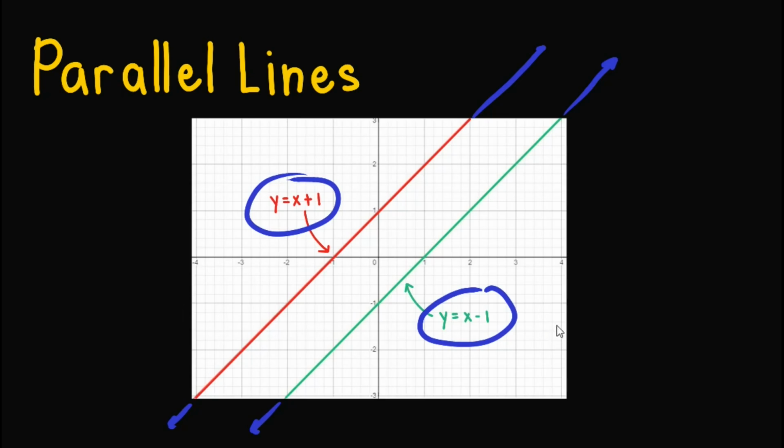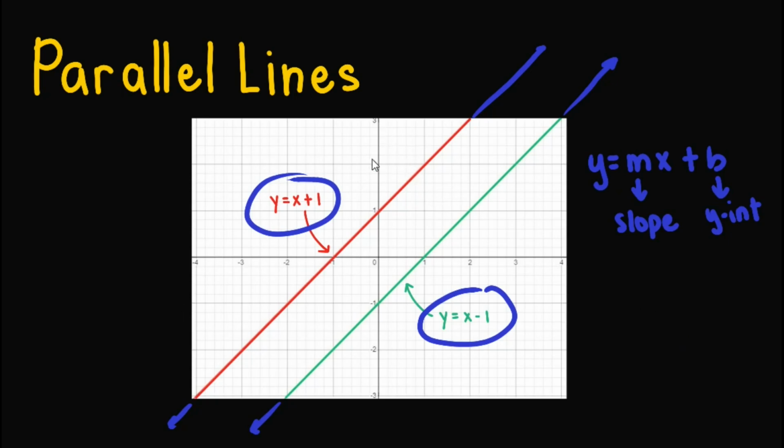Based on the slope-intercept form, we know that this part out here represents the slope, while this part out here represents the y-intercept. So given that, let's make some observations.